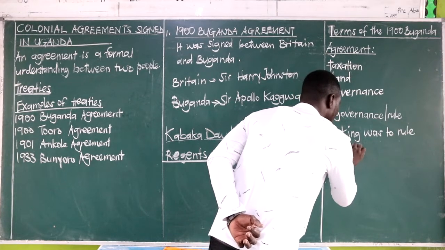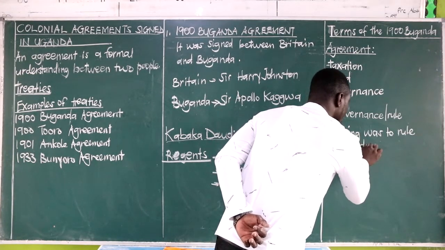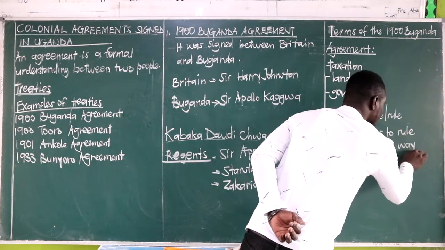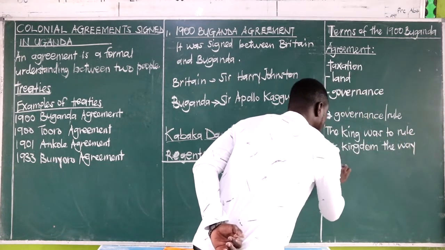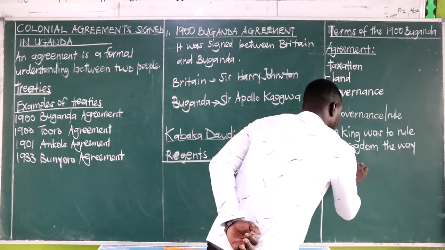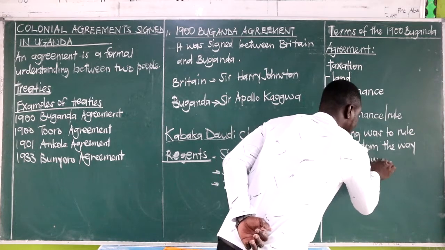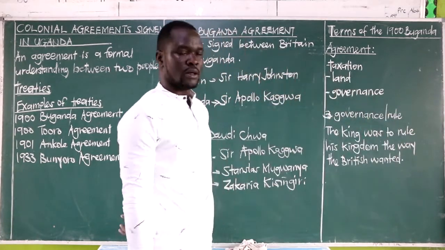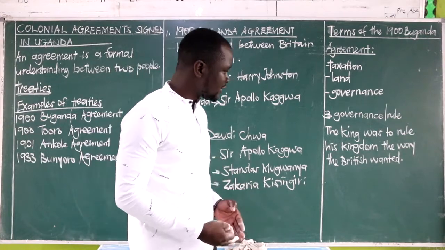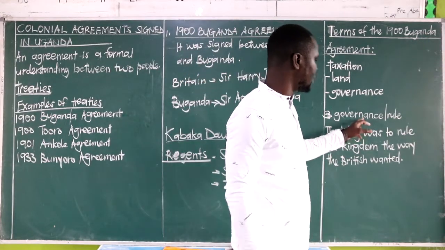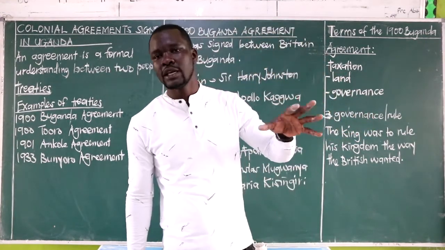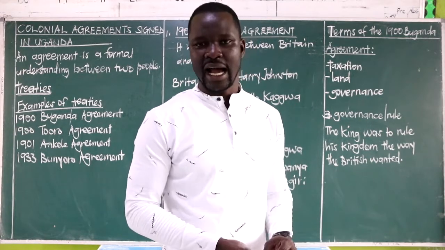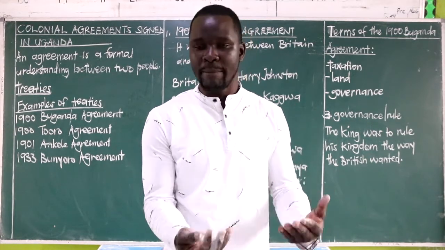Of course, we are talking about the Uganda kingdom. The king was to rule his kingdom the way the British wanted, or we can simply say the way the British wished. I have already said this made the king lose his powers, and the king was being used as just a puppet.